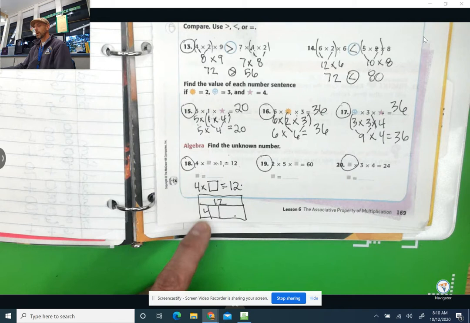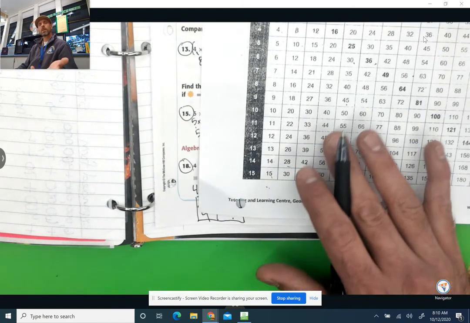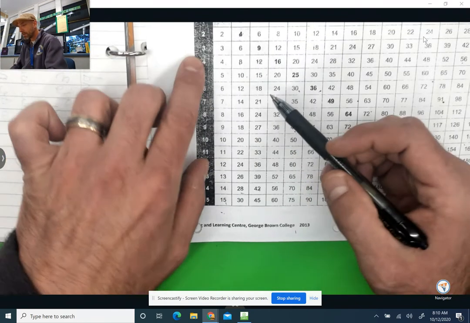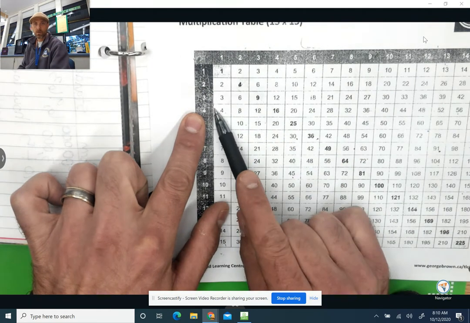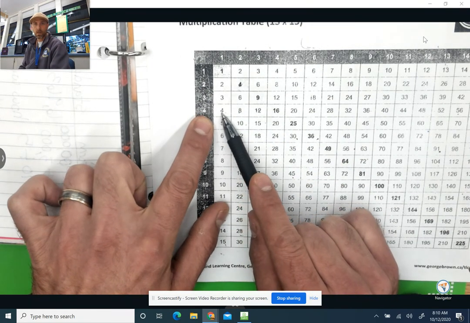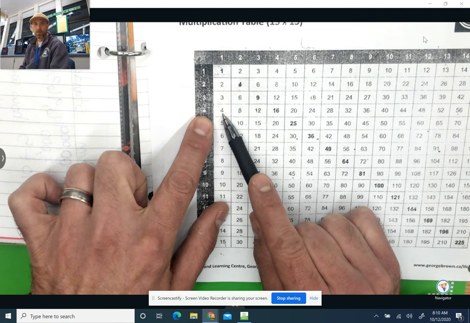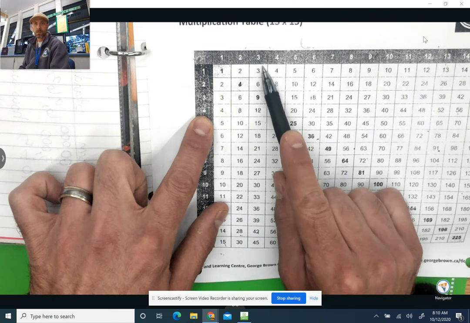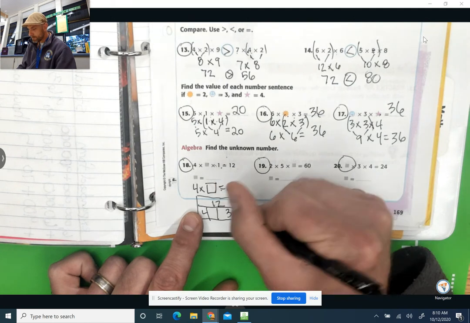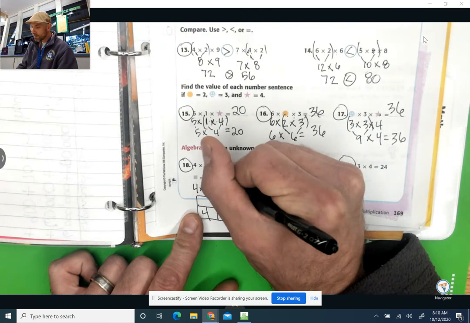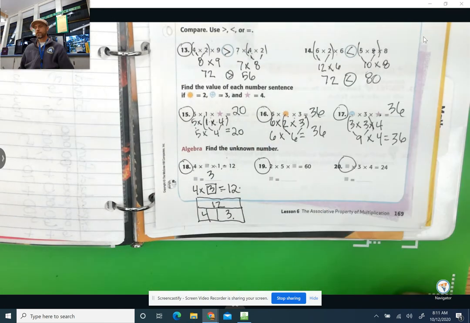You got 4 and 12. Well, 4 times what is 12? Keep on trucking until you see the multiple 12 for 4. There's 4, 8, 12. 4 times 3 is 12. Okay.